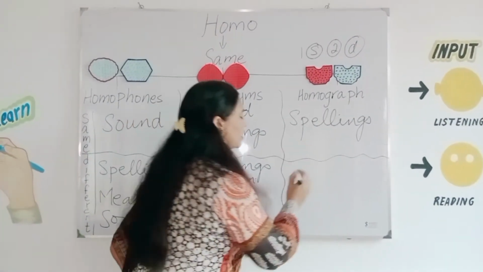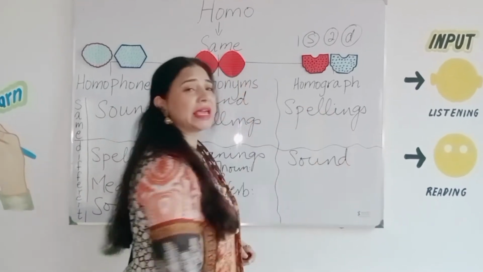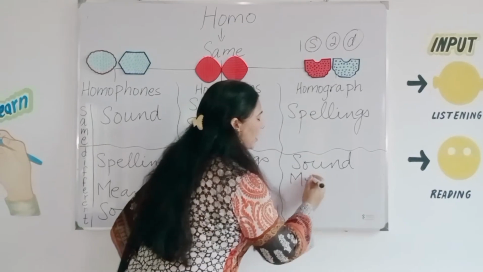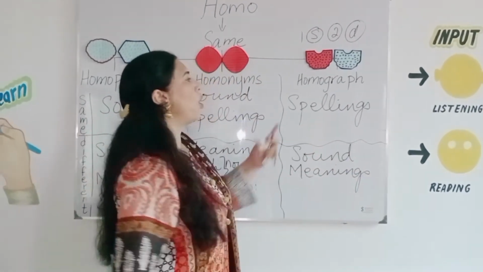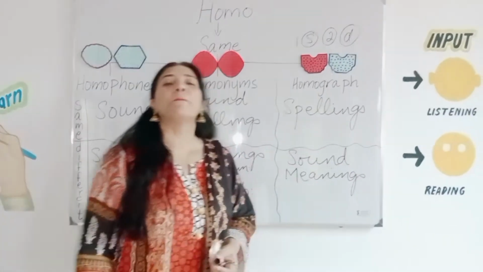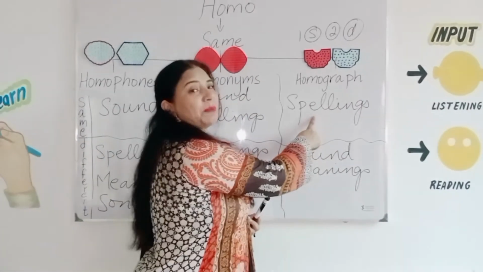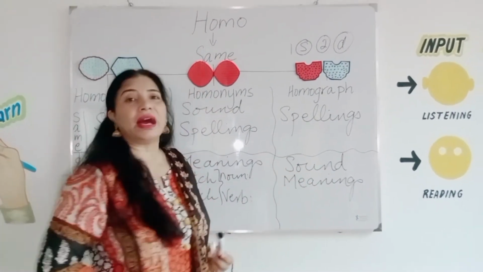Very good. Their sound or their pronunciation is different from each other, and their meaning is also different from each other. So, homographs are pair of words that have the same spellings, but their sound and their meanings are different.